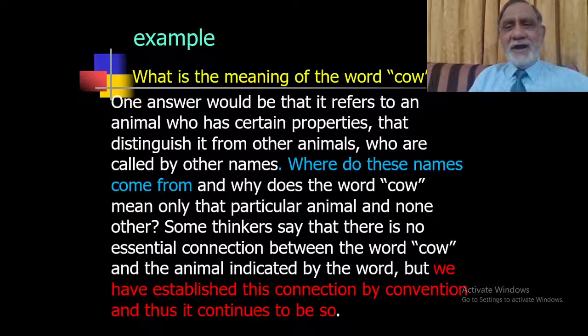There's hardly any connection between the word cow and what we understand by cow. Over a period of time, we started calling that particular animal with those particular qualities and properties a cow. So by convention, everybody understands that when the word cow is spoken, it doesn't mean what we call a goat or a buffalo or any other animal.